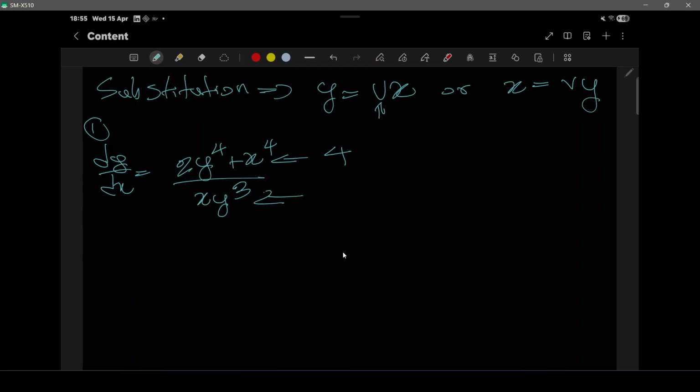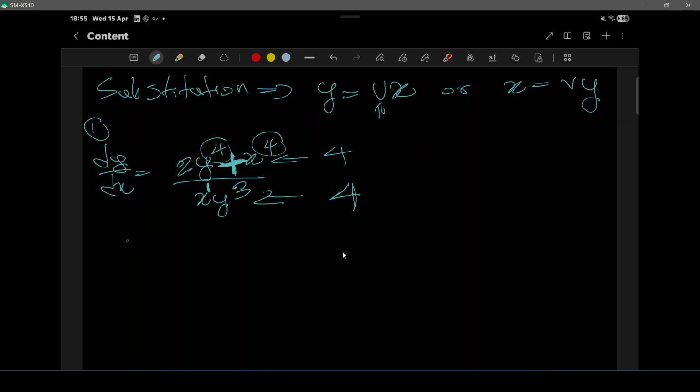Even in the denominator it's 4, since x is power 1 and y cubed is power 3. When two terms are multiplied, you take the sum of these powers, so altogether 4. If there is an addition, you don't need to do anything, you just take the 4 here. By that method, you can easily identify homogeneous equations.